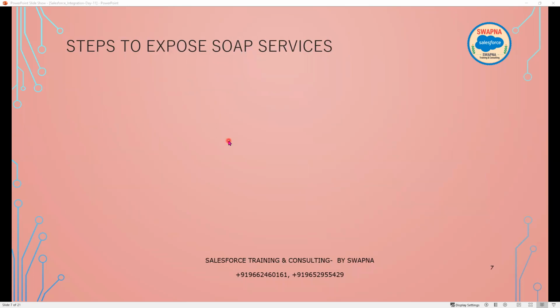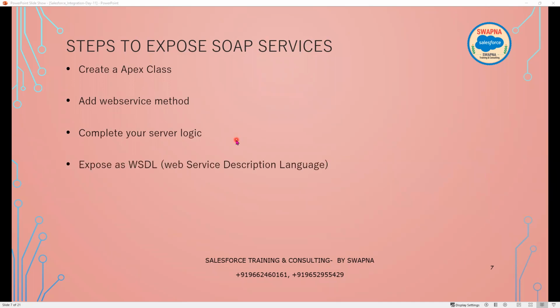But if I go in depth, the steps to expose are: I need to create an Apex class, then add a web service method, then complete the service logic, then expose the WSDL file. WSDL is Web Service Description Language.